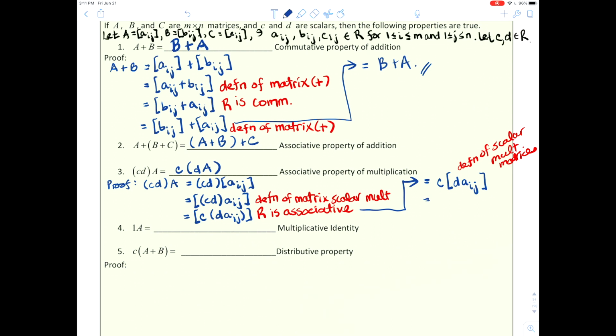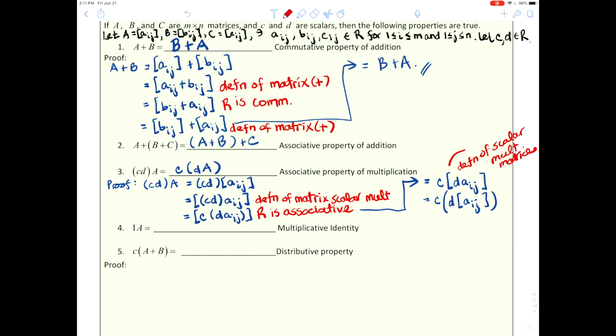So now we have our c outside, and now we can use that property or that definition again and write d times the matrix A as a representative element.